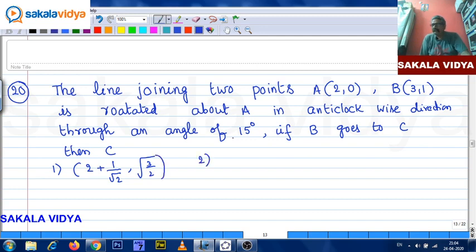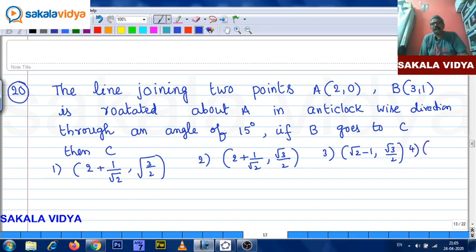Second option, 2 plus 1 by root 2, root 3 by 2. Third option, root 2 minus 1 comma root 3 by 2. Fourth option, root 2 minus 1 by 2, root 2 by 3. This is the question.